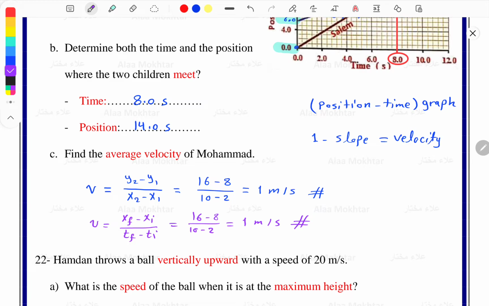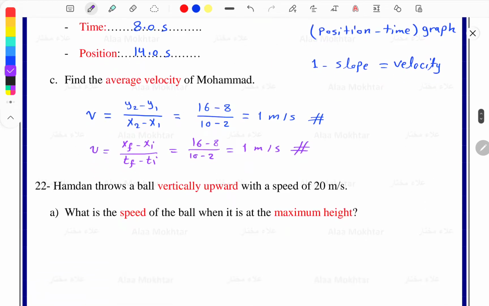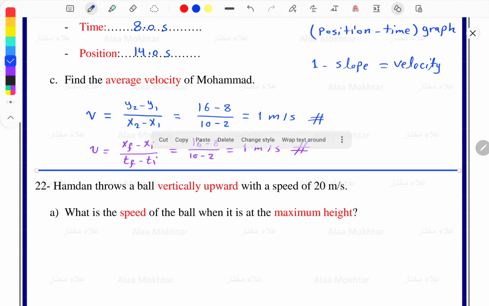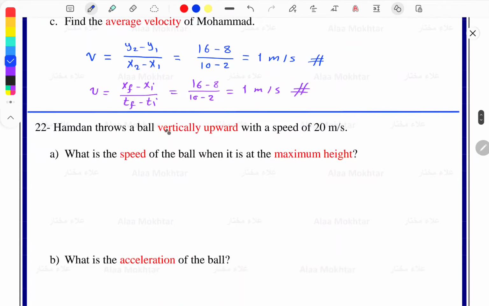Question 22. I take the line to make this question separated. Hamdan threw the ball vertically upward with a speed of 20 meters per second.